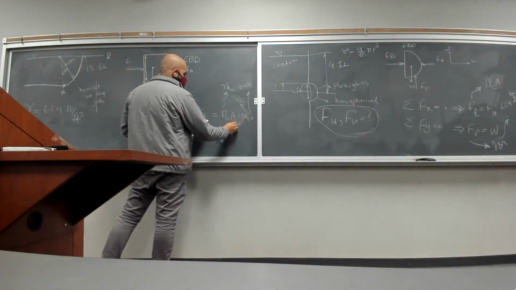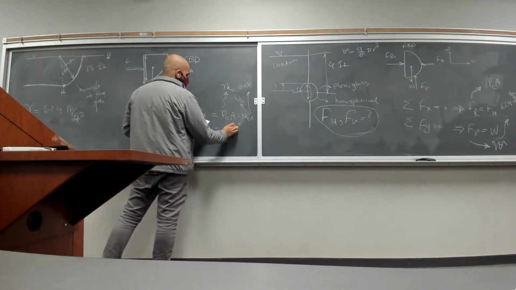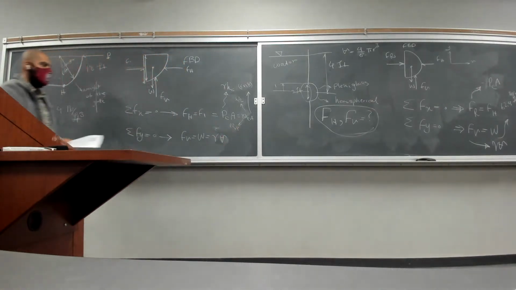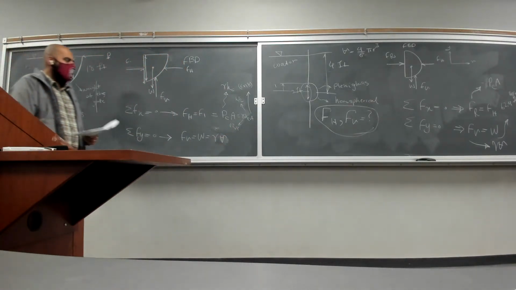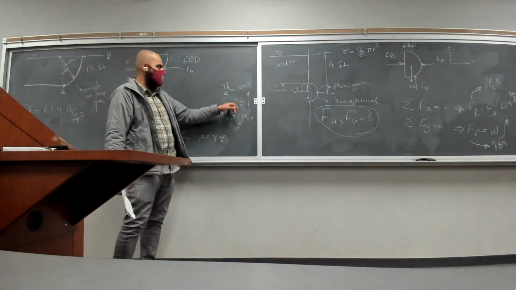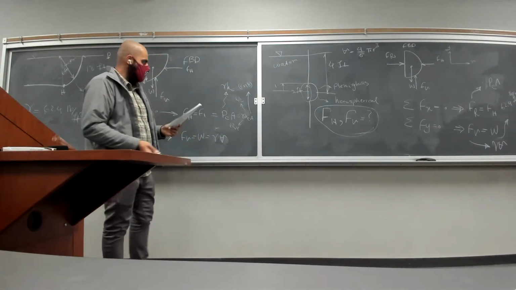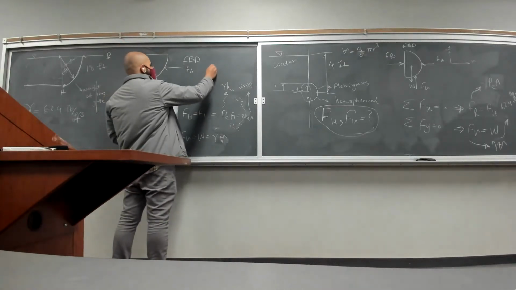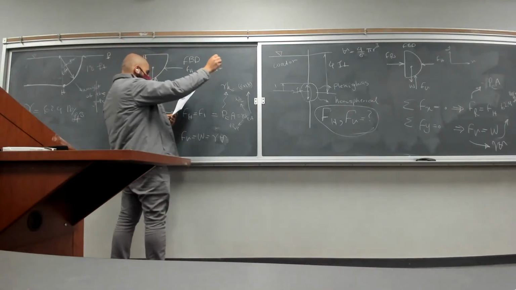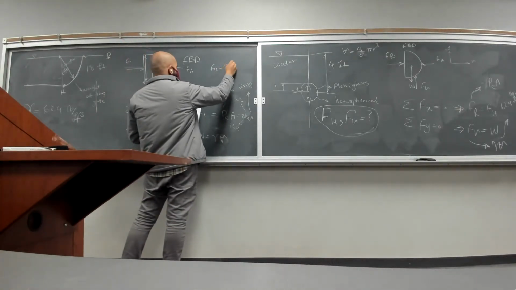H of C is the centroid location, not the location of the center of pressure. Just have to make sure not to confuse those two. So what is this value? 62.4 multiplied by 3 multiplied by 6 multiplied by 18. It is eventually going to give you 20,200 pounds.